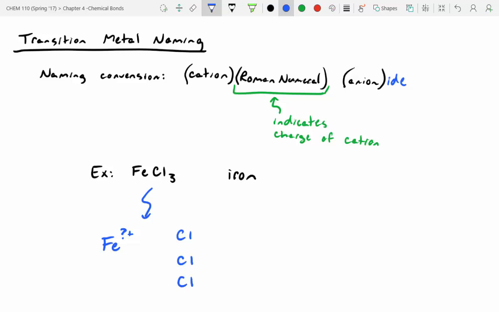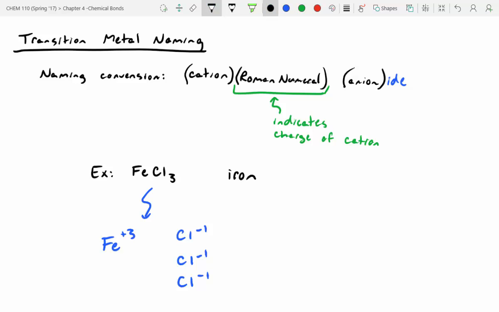What charge does chlorine have? Yeah, -1. It's in group 7, which means all of these must have a -1 charge. Okay, which means in order for this to be balanced, iron must have what charge? +3, right? Okay, so we can break this apart and we can say, all right, iron must be +3.